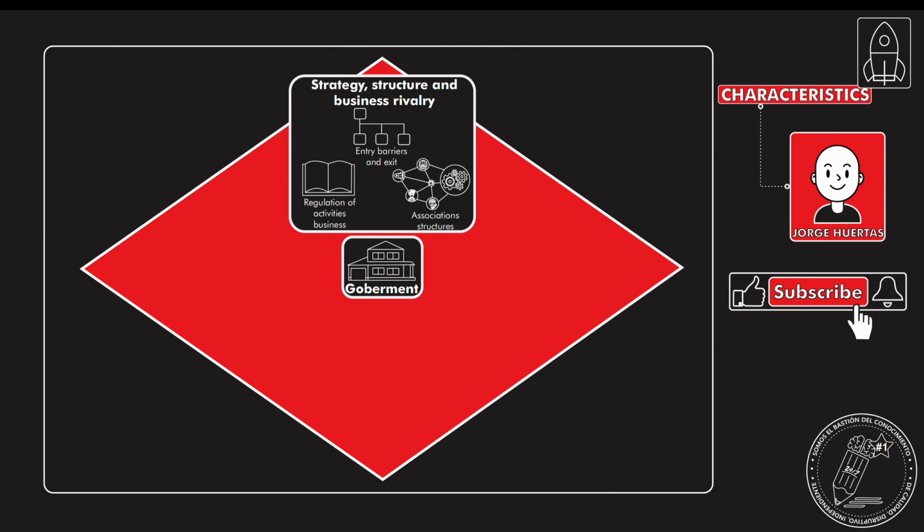So the first thing that you need to know, if you want to go to an overseas market, is which are the laws. You need to know if there are any entry and exit barriers, the regulation of business activity, and of course, associations and structures. You need to know all of that. You need to research all of that information because, especially with small companies, they say, yeah, I want to go to the United States.